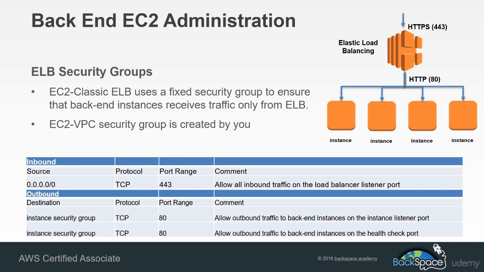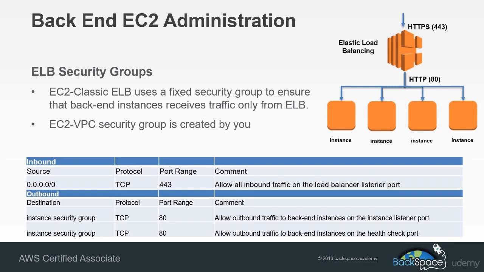So what that would look like is, and I'm not going to go into how a security group works, you've already gone through your lab. You know how a security group works. We've got an inbound source of everything for 443, so all inbound traffic on the load balancer listener port. Inbound on 443, we allow that.